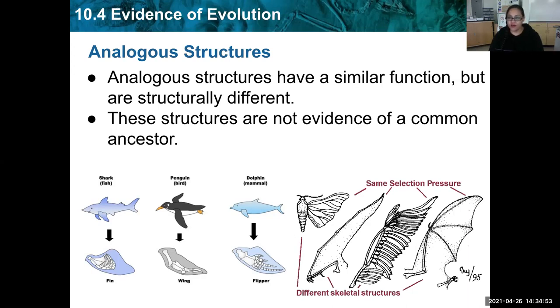These evolved all by themselves under different circumstances. So fins: sharks, penguins, and dolphins all have fins. They all use them to swim, the same function, but underneath the structure is different. Same with wings: insects, birds, bats, they all have wings. They all use them to fly, but underneath the structure is different.